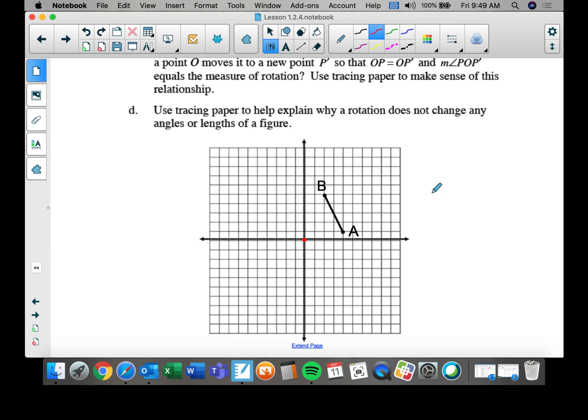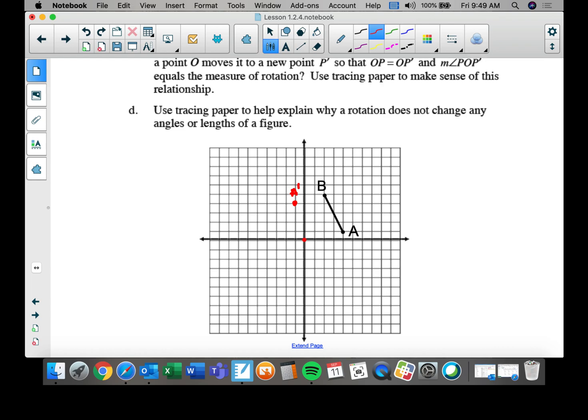All right, welcome back. Here we go. Let's see how you did. So if we have point A over here, I'm going to rotate that over here. And so that point would come to right here. That's where A prime would be located.